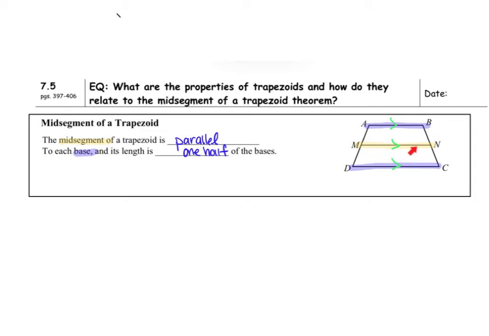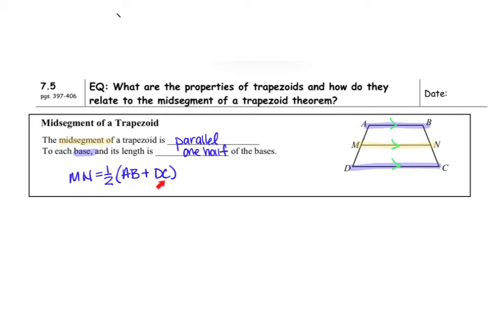So if this midsegment is half of the length of these, we know that MN is equal to 1/2 of AB plus DC. Now we can simplify this expression a little bit better to get rid of this fraction.